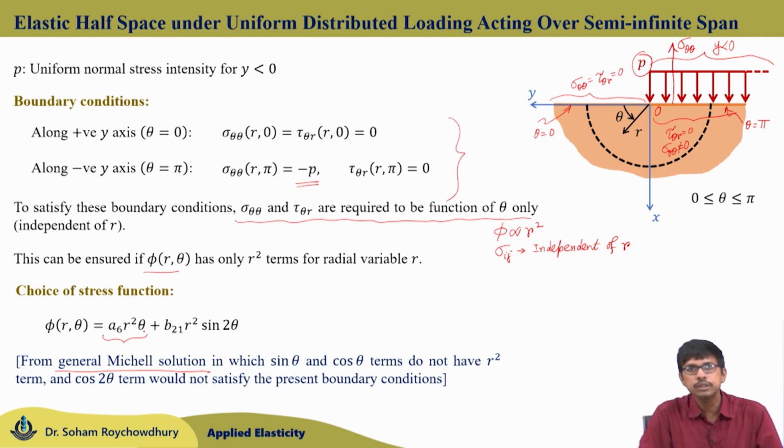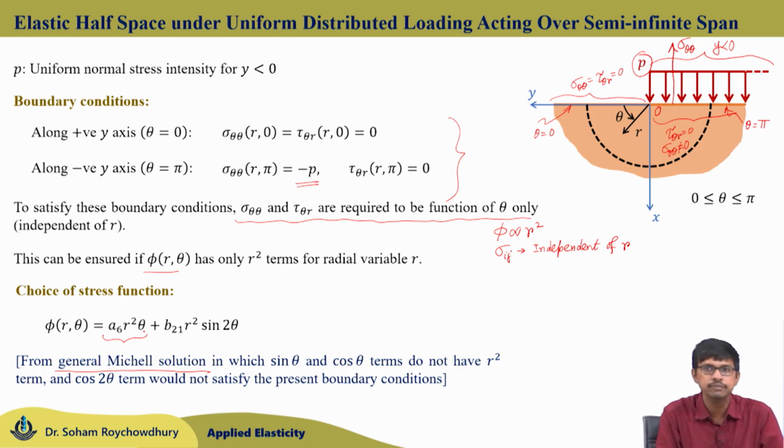From cos 2 theta we could choose one more, a21 r square cos 2 theta, but that term is not chosen here. If you chose that, later you would see that to enforce these boundary conditions we must force that constant to 0. So the cos 2 theta term with r square in its coefficient cannot satisfy the present form of boundary condition and thus is not included in the stress function.